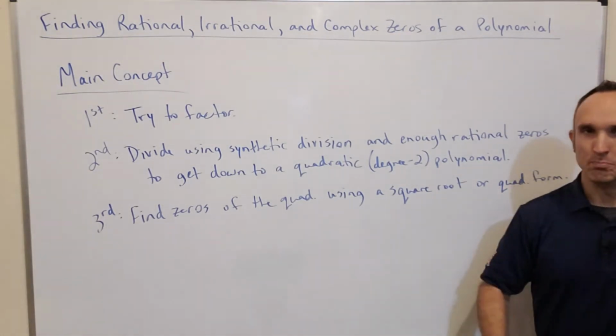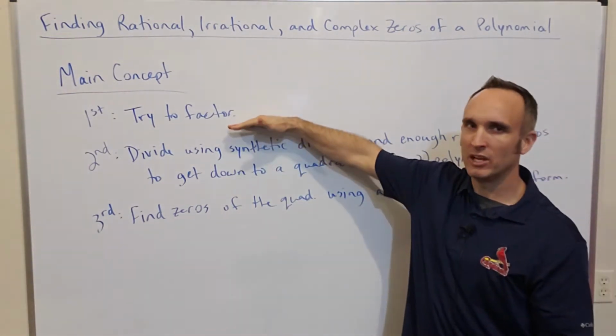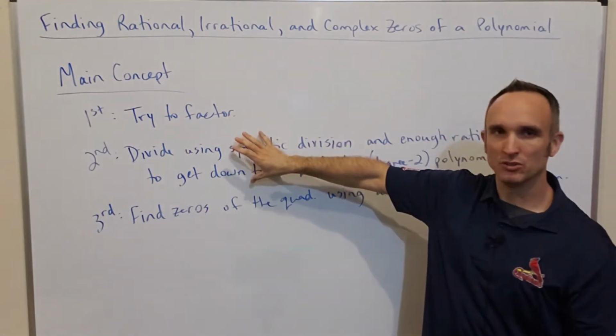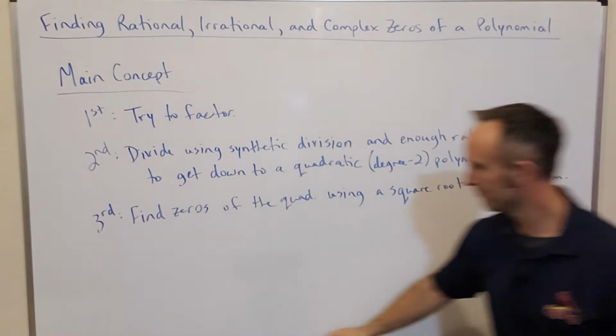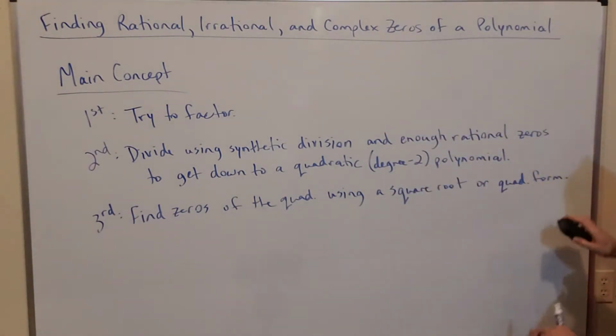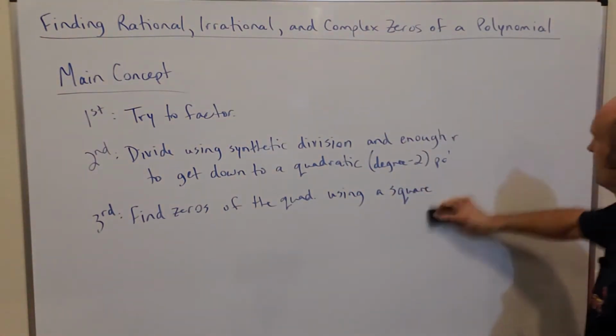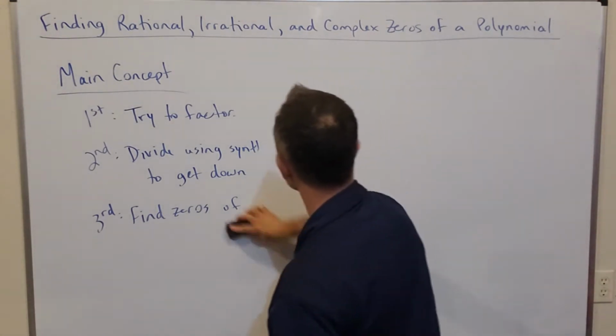So, basic techniques, if they don't work, find some rational zeros, divide enough, and then find the zeros of the quadratic. So that's the main concept that we'll emphasize throughout the entire video in every example.